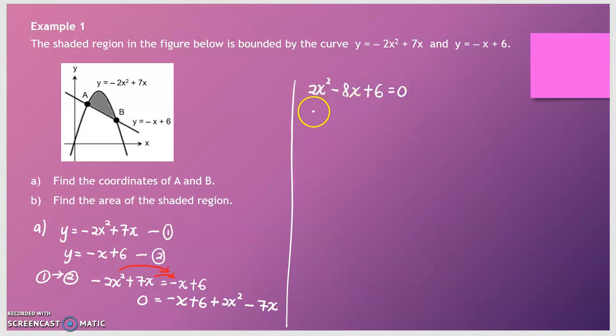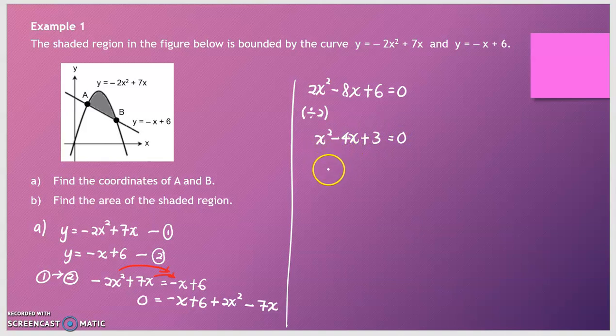You can notice that 2, 8, and 6 are multiples of 2. So I try to simplify by dividing by 2. So we have x squared minus 4x plus 3 is equal to 0. Next, we're going to factorize this quadratic equation.